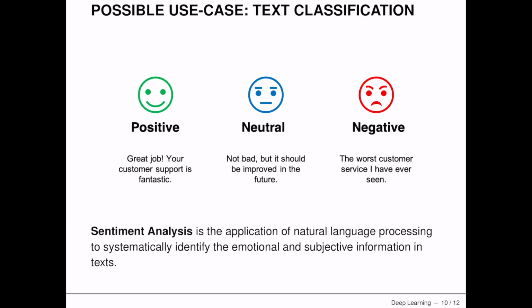Here, for example, if you have the text, "Great job, your customer support is fantastic," you would like the algorithm to find out that this is a positive meaning. As another example, if someone wrote, "The worst customer service I have ever seen," you would like the algorithm to identify that the meaning of the text is negative.